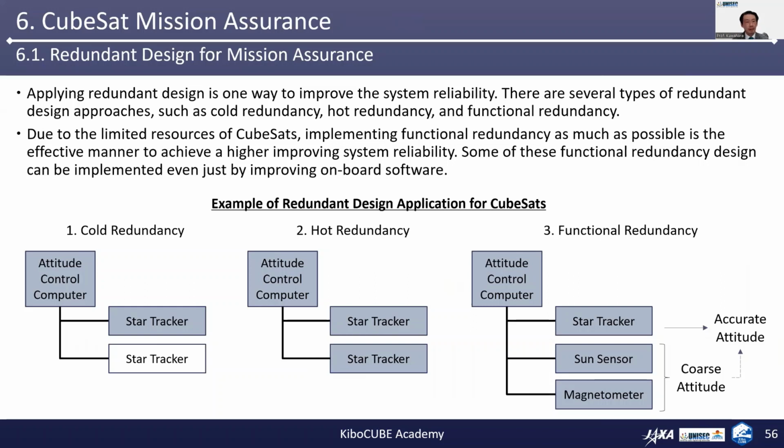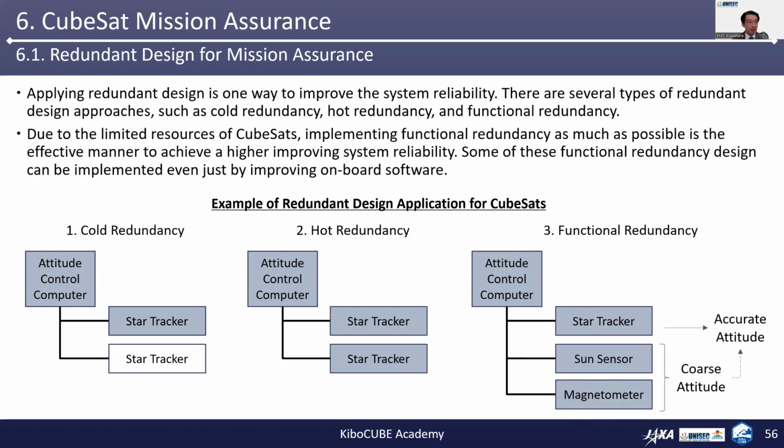First of all, applying a redundant design is one way to improve the system reliability. There are several types of redundant design approaches, such as cold redundancy, hot redundancy, and functional redundancy. So these are illustrated below.